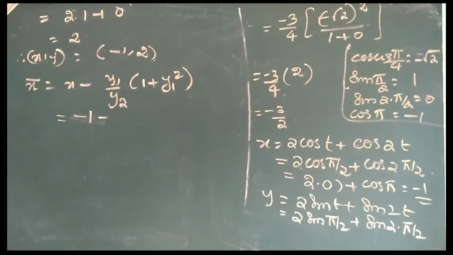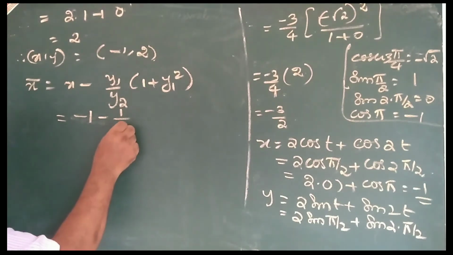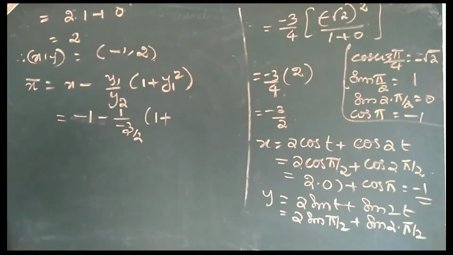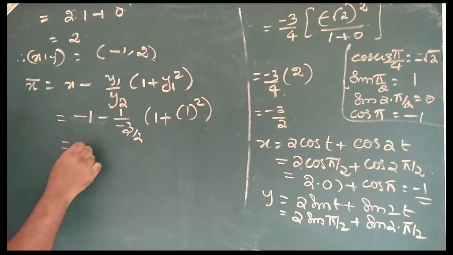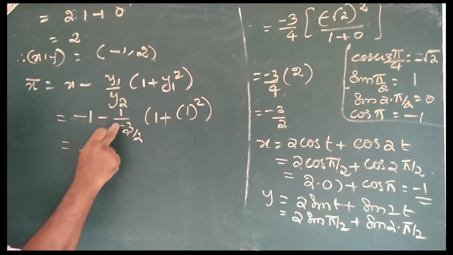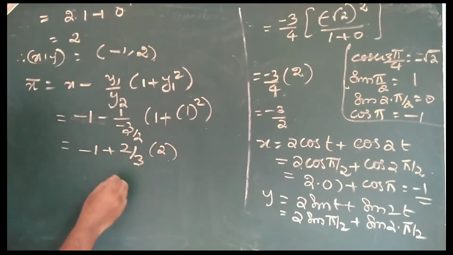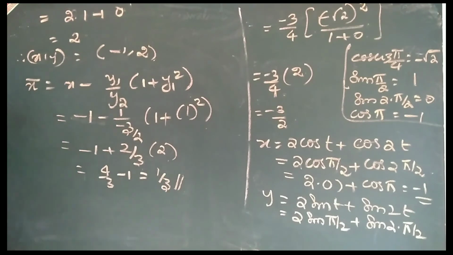That is equal to 1 by y2, which is minus 3/2, into 1 plus y1 square. That is equal to 1, so that is equal to minus 1. This goes to the numerator, minus and minus plus. That is 2/3 into 2, so 4/3 minus 1 is equal to 1/3.